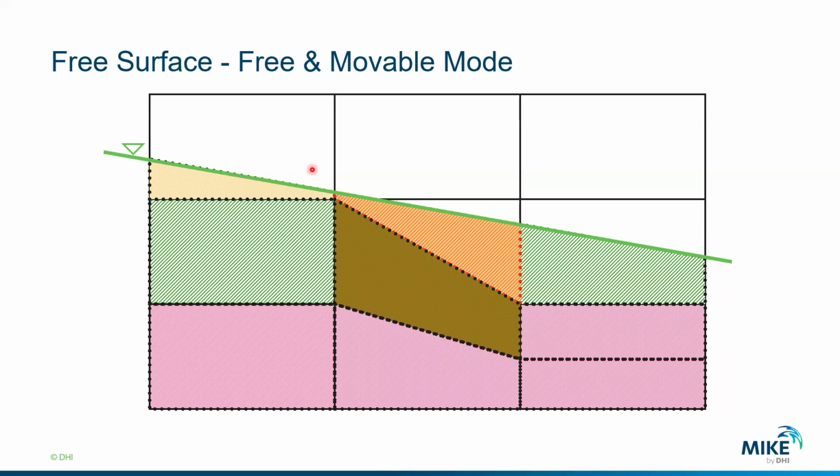In practice, many users combine these methods. So you can get the first estimate of the water table by free and movable, and then you check things, and then you can change back to the phreatic approach where the layers are fixed and then do other calculations if it's required.